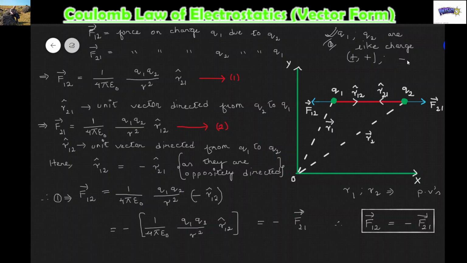Another case, it might be Q1 is negative and Q2 is also negative. That is the meaning of like charges. So F12 and F21 for like charges, the force in this case will be repulsive.